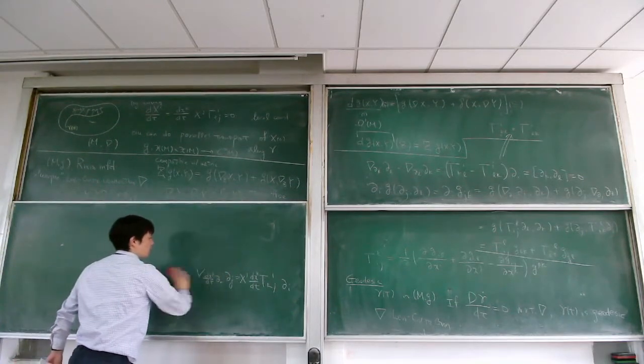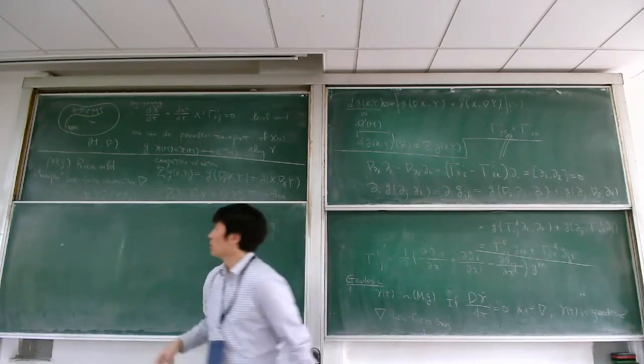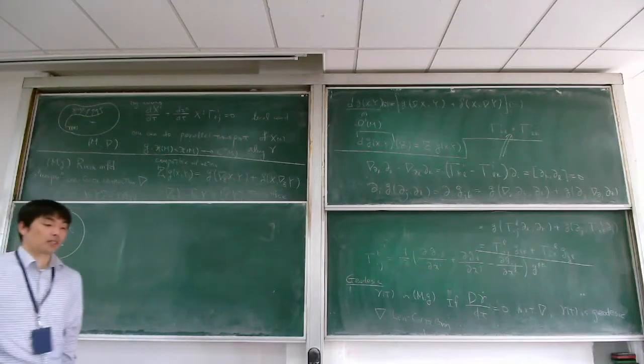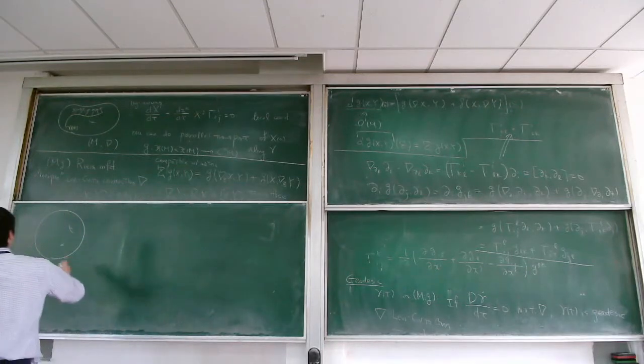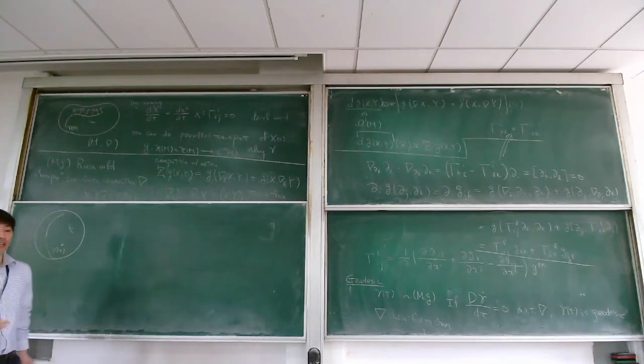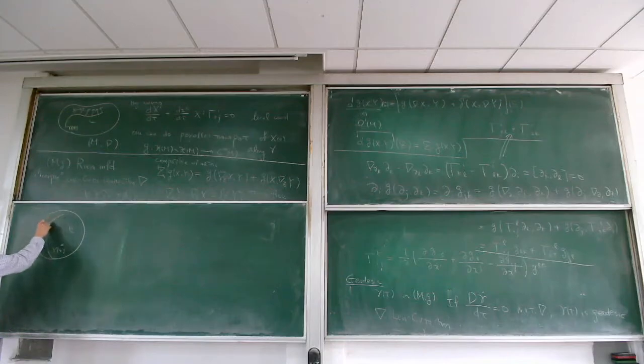So in other words, given the manifold and a curve gamma, you have a tangent vector at a point.